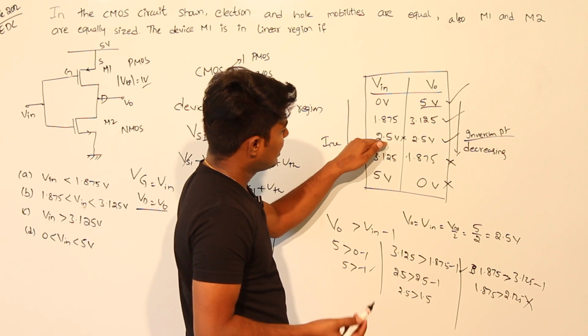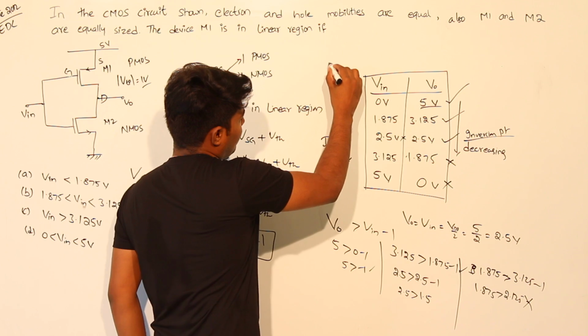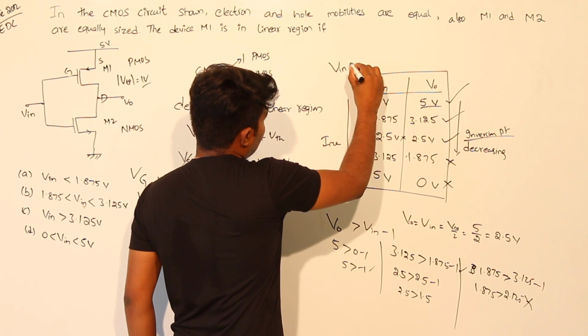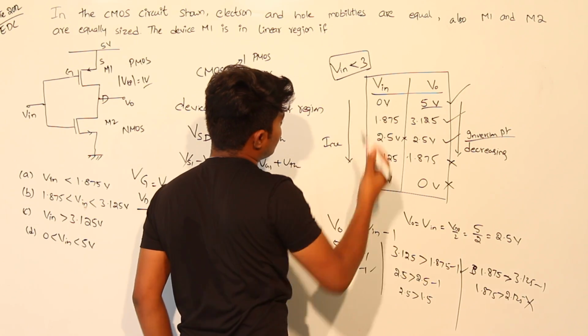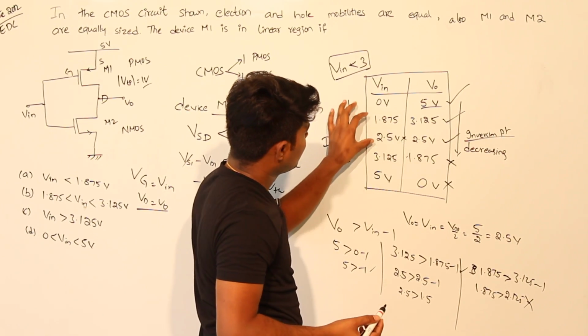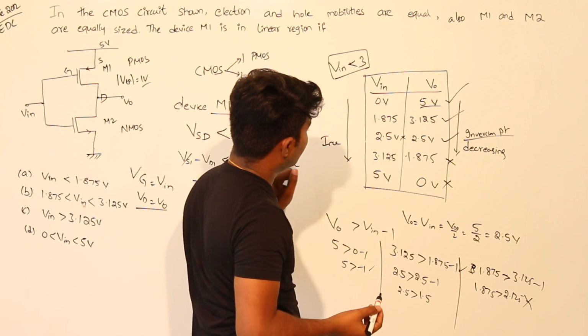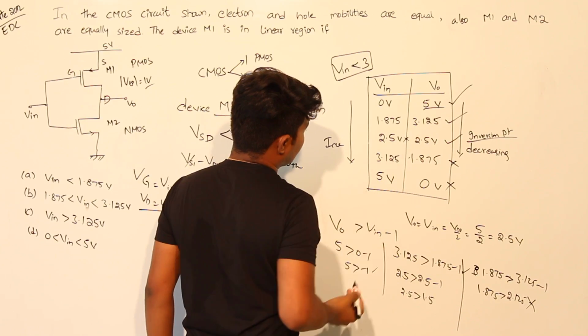If you observe clearly, for any input voltage V in less than 3, only then these values are satisfied. For all the above three cases, V in is less than 3. It should not be equal to 3 either, it cannot satisfy.